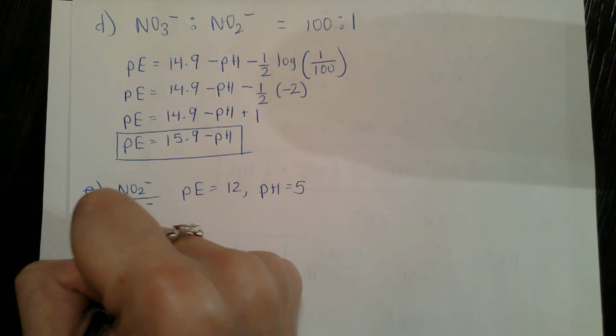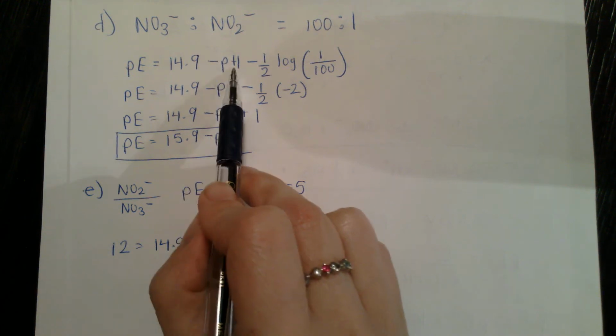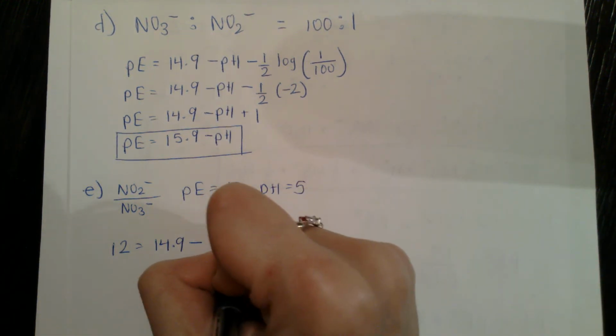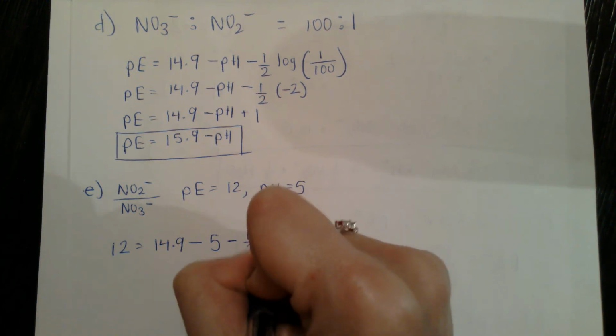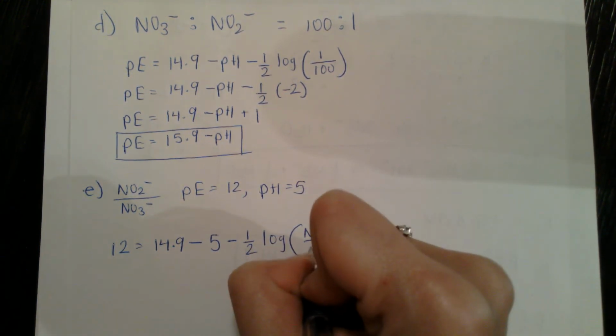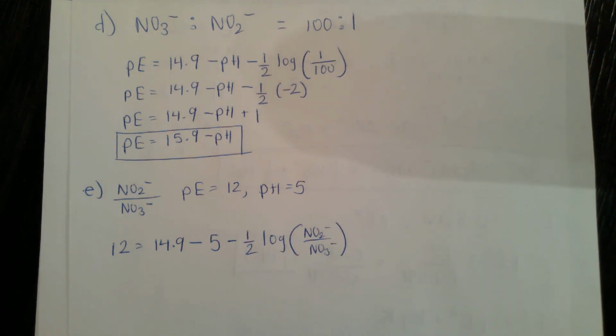So 12 equals 14.9, subtract pH, which they've given us as 5, subtract 1/2 log of NO2 minus over NO3 minus. That's what our expression looks like.